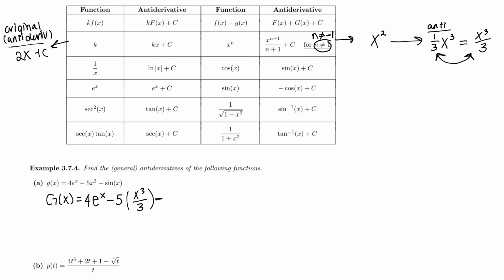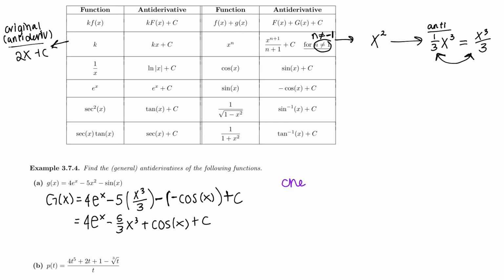Minus sine's antiderivative is negative cosine, so minus negative cosine x. And then there's always a plus c at the end. So rewriting this, we could rewrite this as minus 5/3 x cubed plus cosine x plus c.